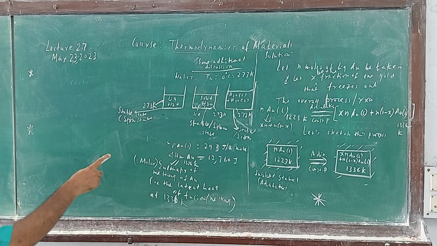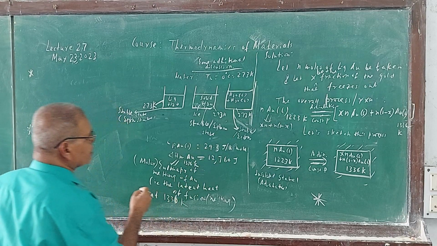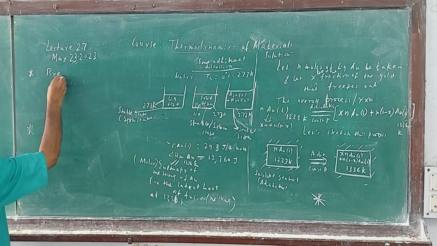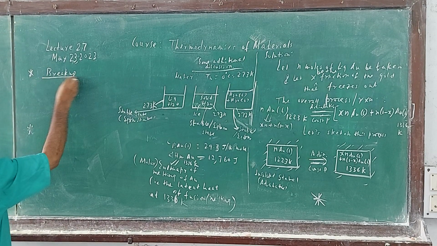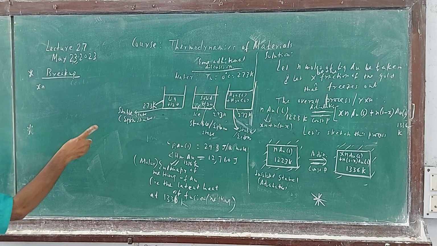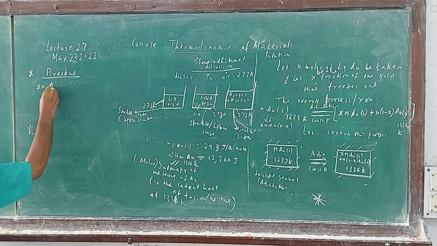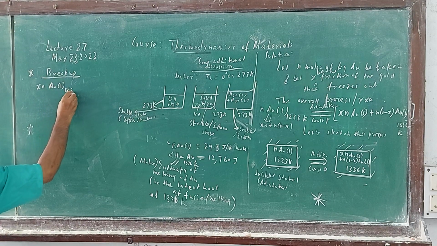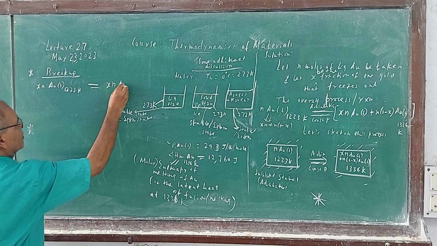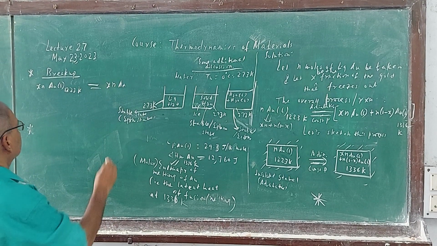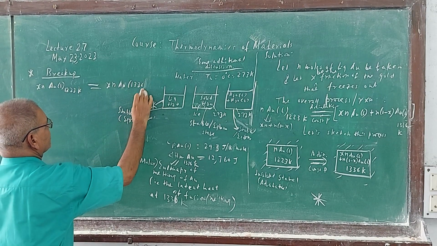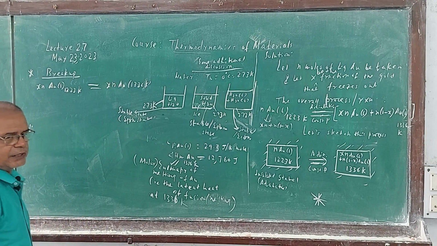So I'm breaking up. Follow what I'm trying to do. I'm writing Xn gold, liquid at 1223 K, goes to Xn gold at 1336 Kelvin.